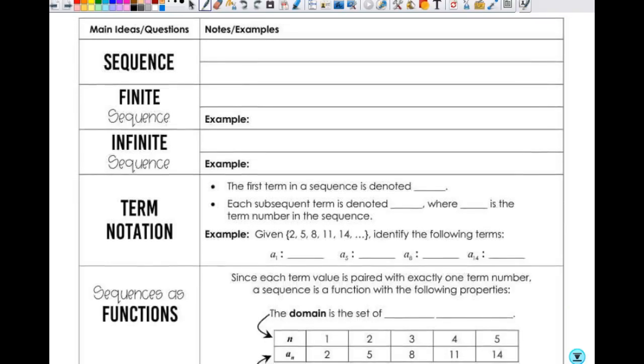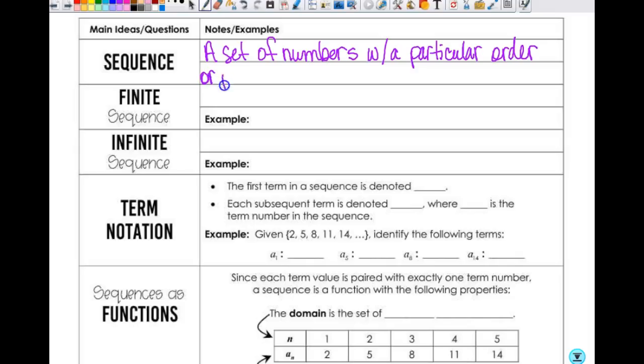So we are starting a section on sequences and series. We're going to start with sequences, so I'm going to give you the definition of a sequence first. It is a set of numbers with a particular order or pattern.